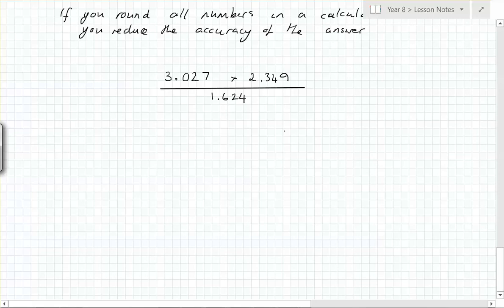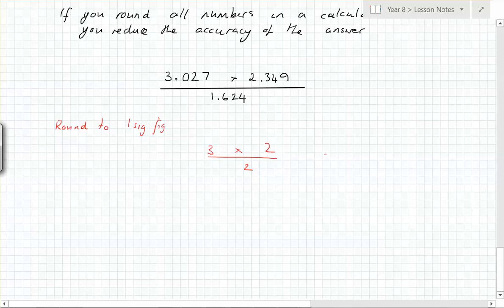Right, anyway, so if I had to do that, now what we do is we do an estimation. And to estimate, what you're doing is you're checking roughly where the answer should be. Roughly. Okay? And we do that by, for instance, with this question, rounding to one significant figure, and then doing the calculation. So this would turn into what if every number was rounded to one significant figure? 3 times 2 divided by 2.